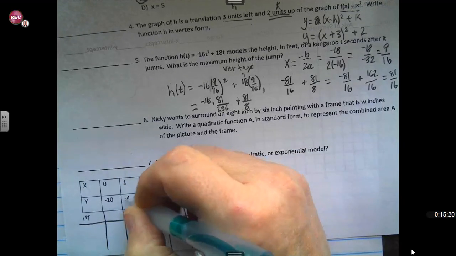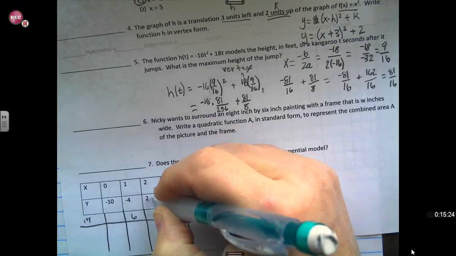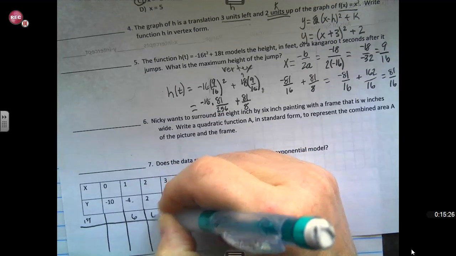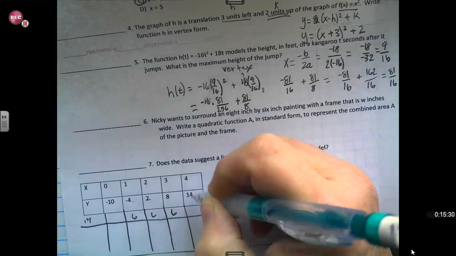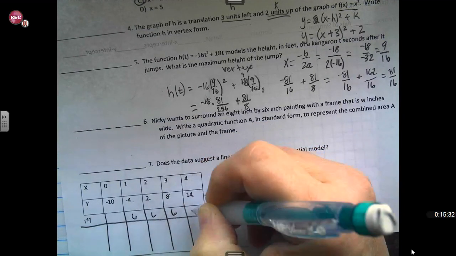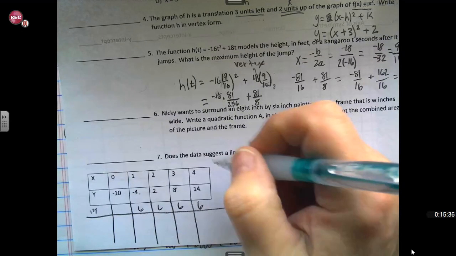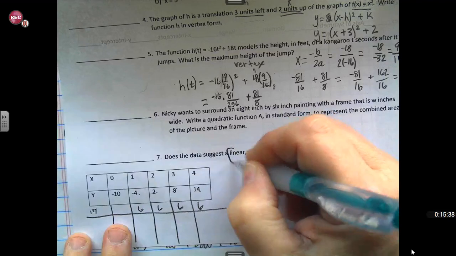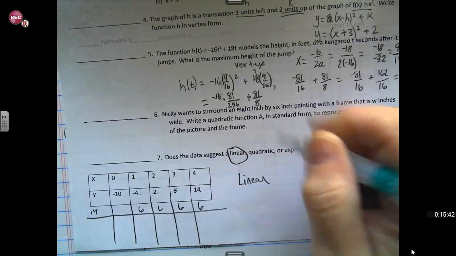So -4 minus -10 is 6. 2 minus -4 is 6. 8 minus 2 is 6. 14 minus 8 is 6. So we don't need to go any further. The first differences are all the same. So that's a linear model.